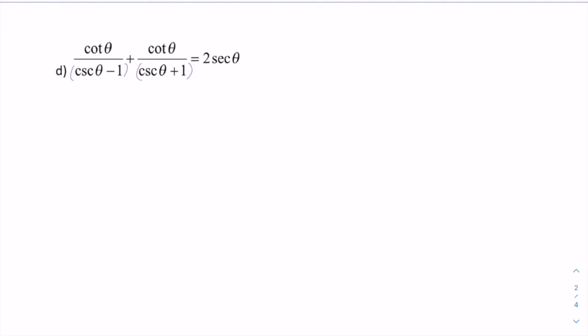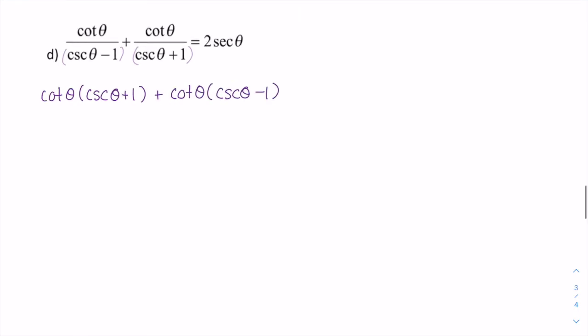So when we make our common denominators, we'll get cotangent theta multiplied by cosecant theta plus 1 plus cotangent theta times cosecant theta minus 1, all over our common denominator of cosecant theta minus 1 times cosecant theta plus 1.